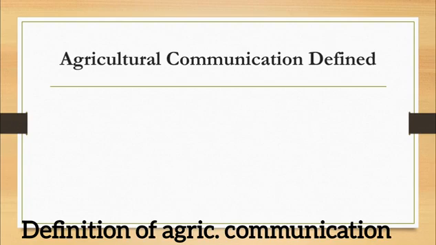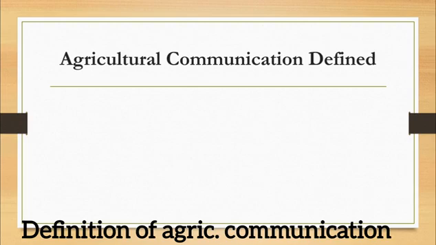We can say that agricultural communication is the transmission of information with the purpose of influencing the farmer. It is the process by which messages are transferred from the research institutes through the extension officer or other active players in the agricultural system to the receiver.